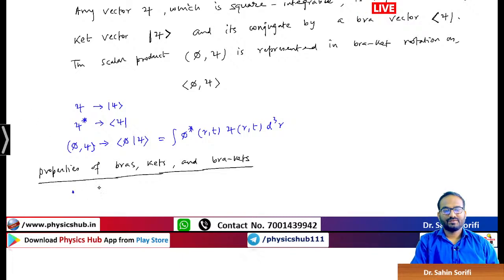Let's say if you have ket psi, you are taking the complex conjugate, you will get bra psi. Let's say a scalar with ket psi. If you take the complex conjugate, what should you get?